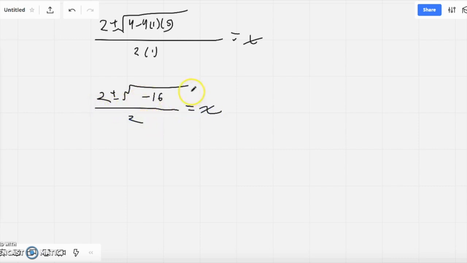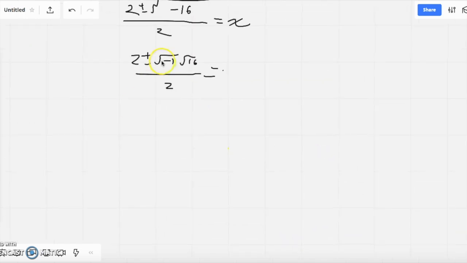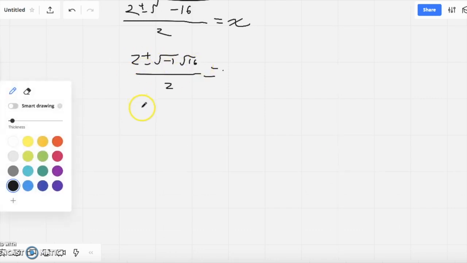We continue to simplify that. Since this is a negative, we're going to pull out the radical of negative 1. So we're going to split this off into radical negative 1 and radical 16 over 2. And then the square root of negative 1 we know is i.